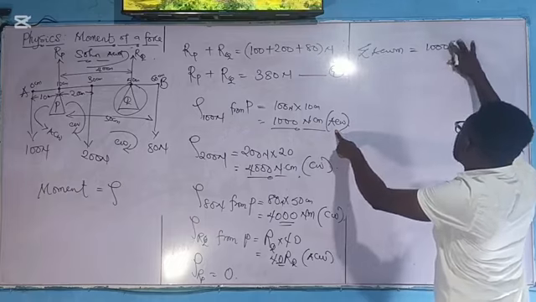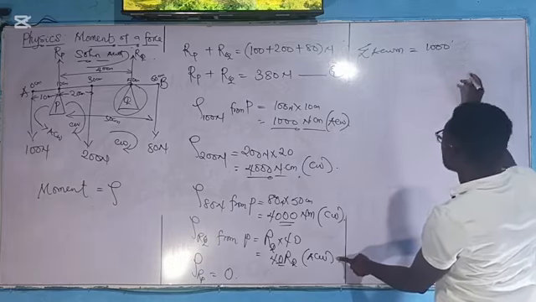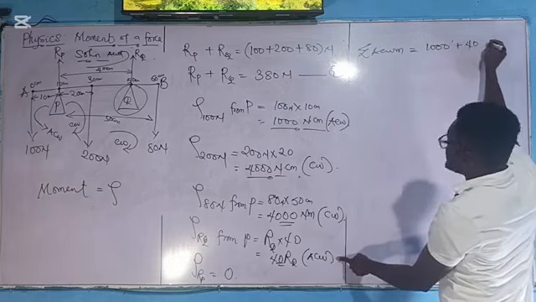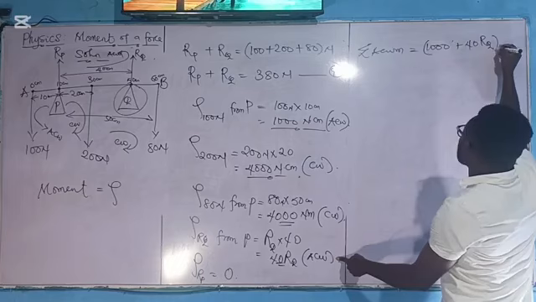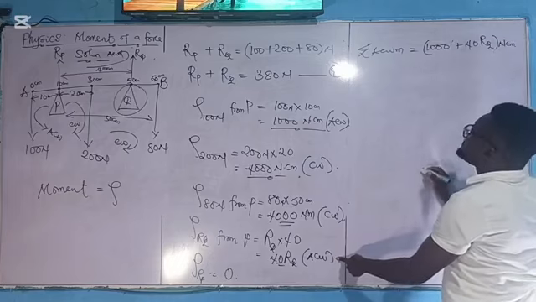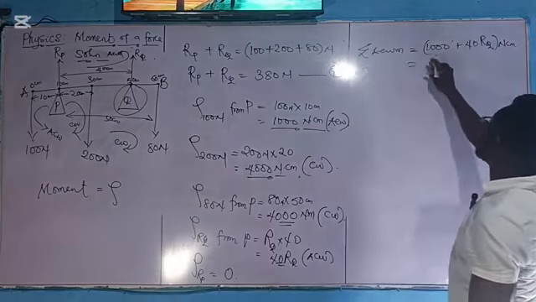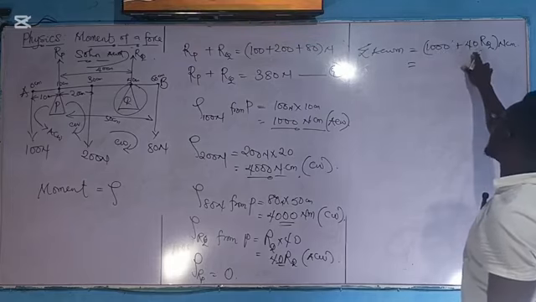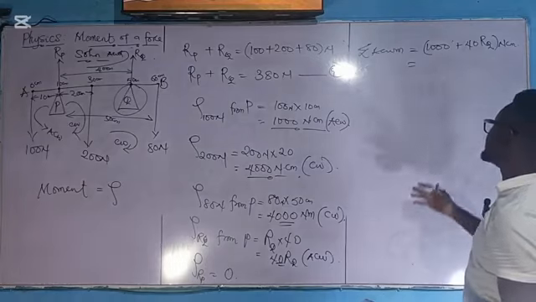Let me add up first. Anti-clockwise, we get another anti-clockwise plus 40 RQ, all measured in what? In Newton centimeter, okay? Then we also get, let's simplify this first. 1000 plus 40 RQ will still give us the same thing.